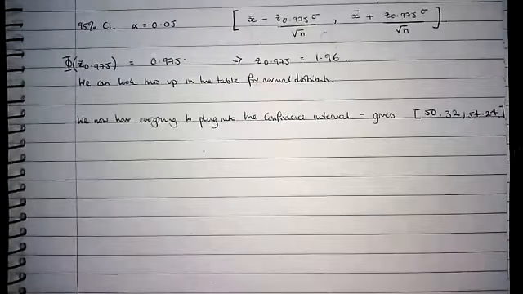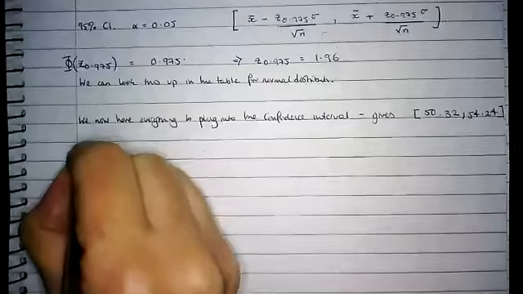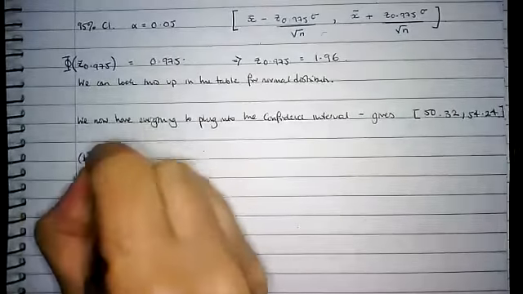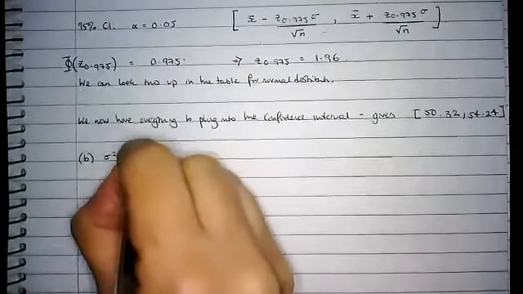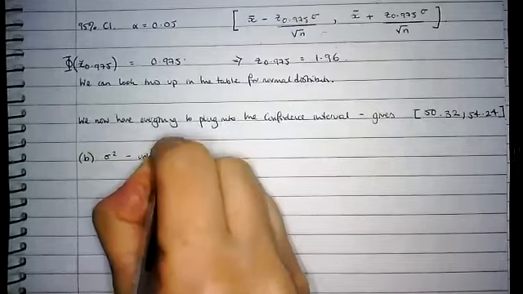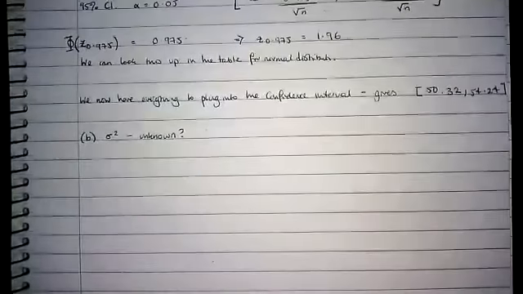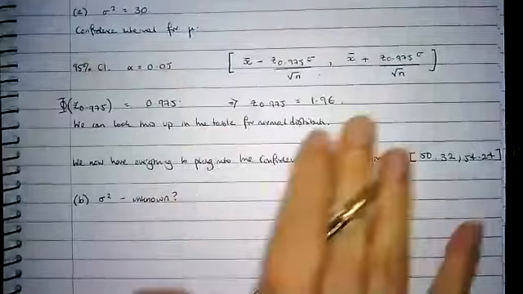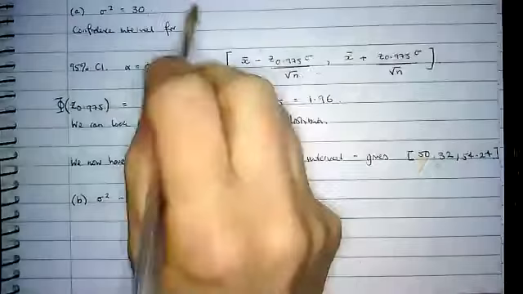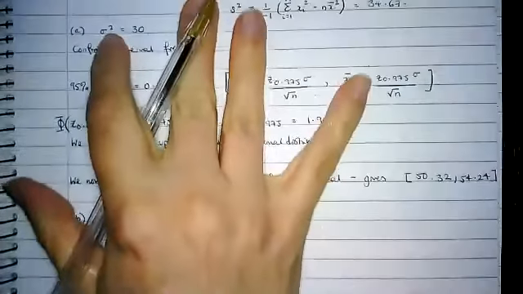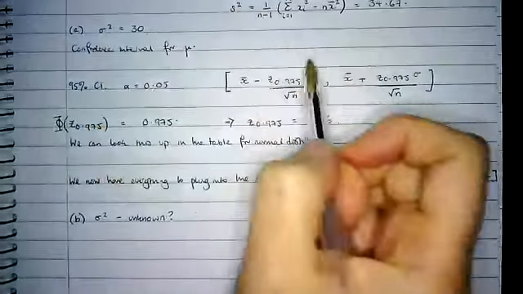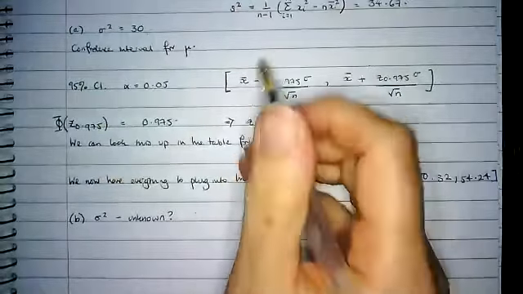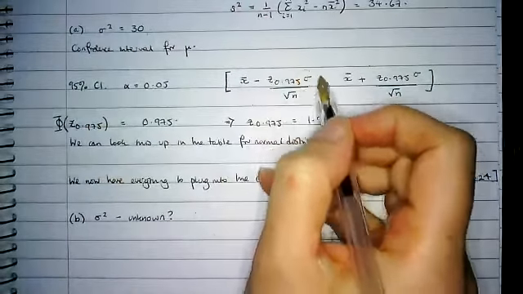Okay. So the second part, I've been told, well, what happens if I don't know what sigma squared is? So clearly I'm going to have to change some things about what we do when we know what sigma squared is. Now, the key thing we're going to have to change is we're just not going to know what sigma is to plug it in here.